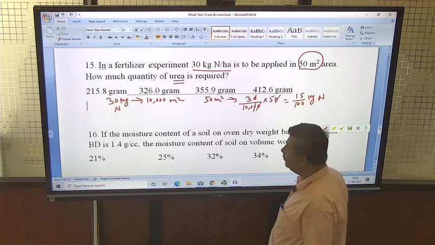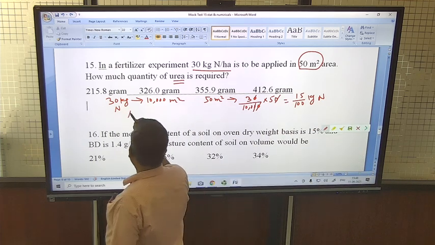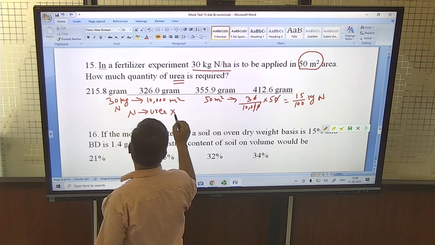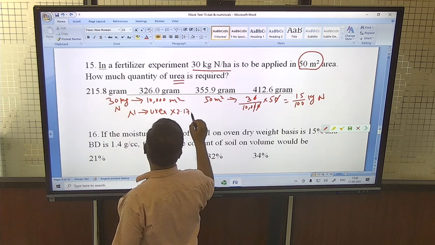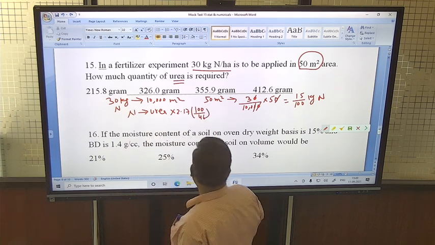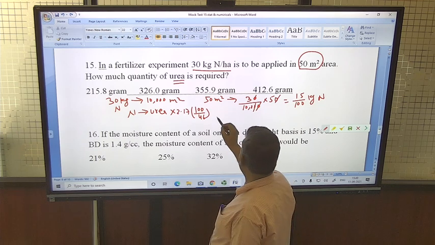Then how is urea calculated? So nitrogen is converted into urea simply by multiplying by 2.17 factor, or we can use 100 upon 46.